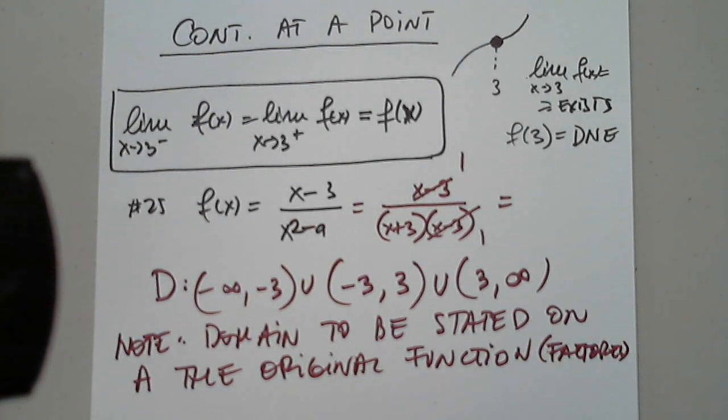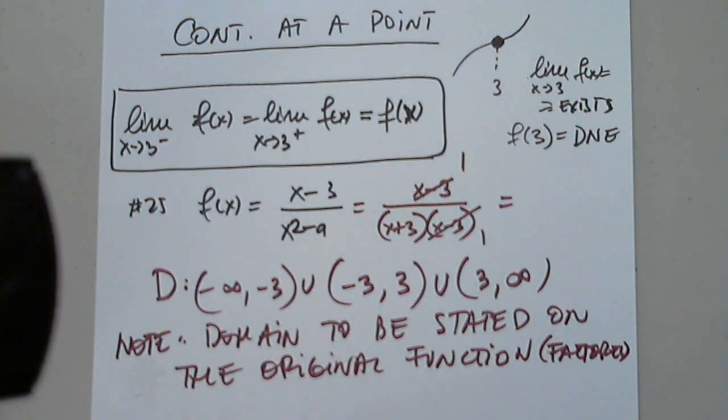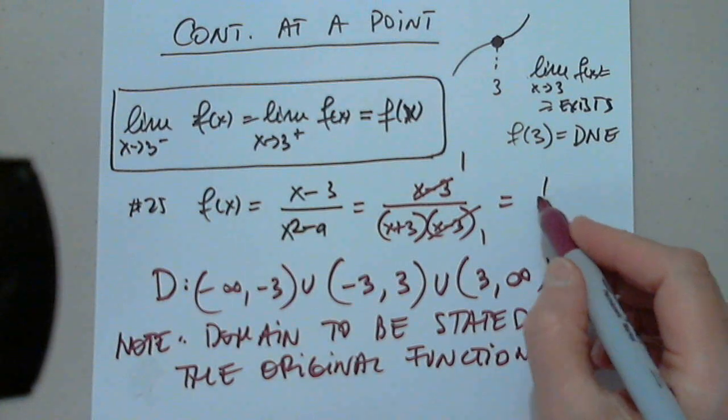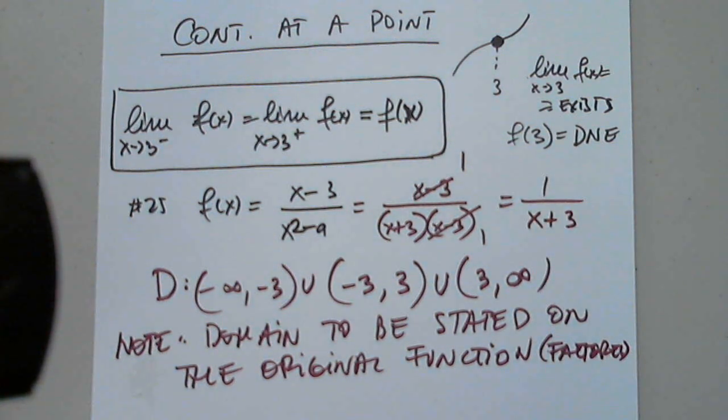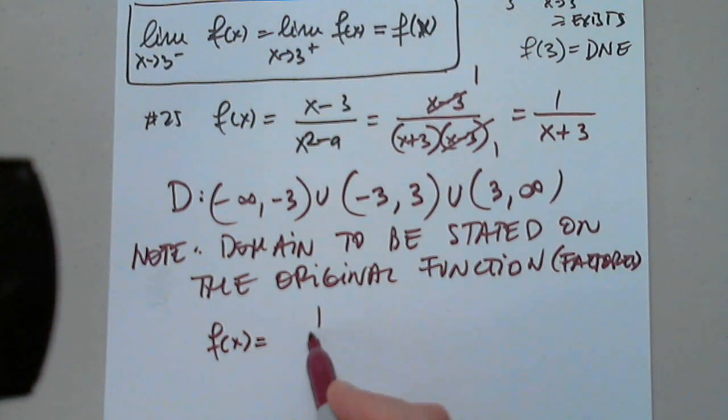So what is the simplified form then? 1 over x plus 3. Awesome. So this function is simplified into 1 over x plus 3.